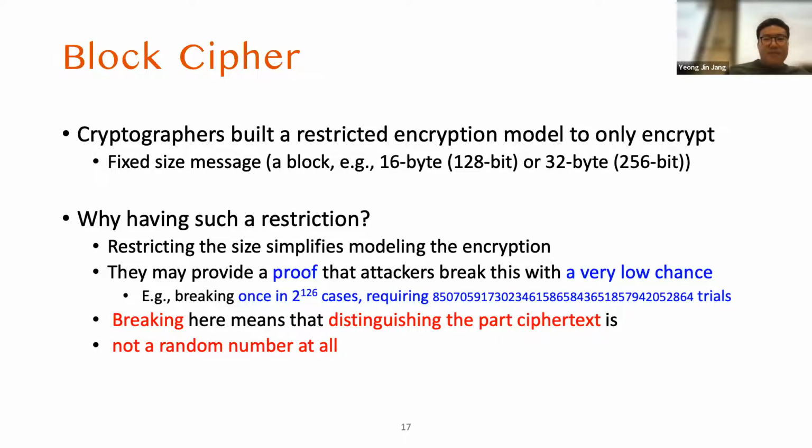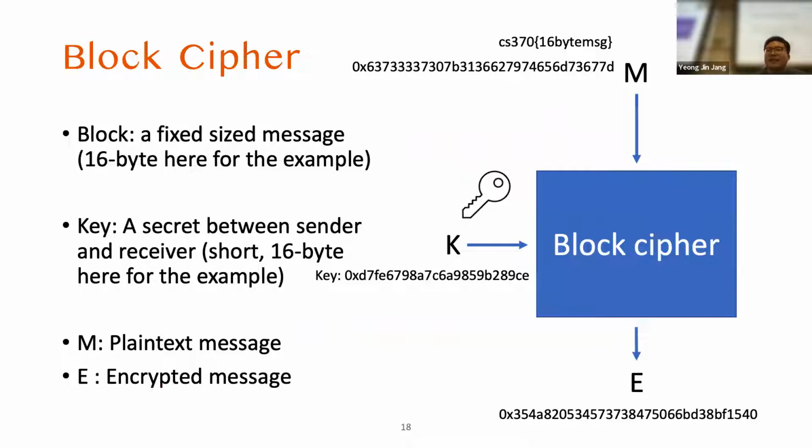Here is how the block cipher looks in conceptual figures. A block means a fixed-size message. For a message M, suppose I prepare the message as a CS370 16-byte message that looks like a flag.